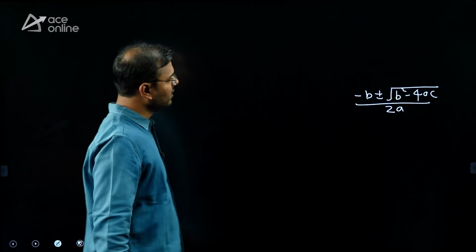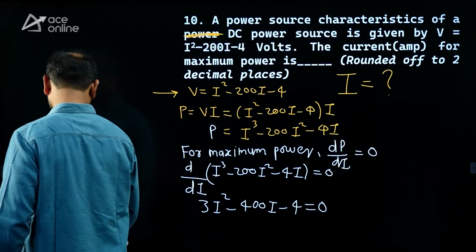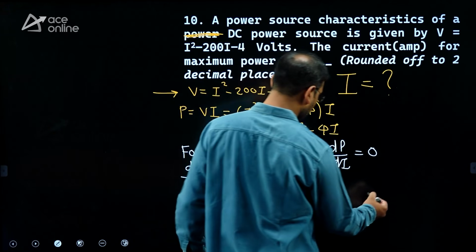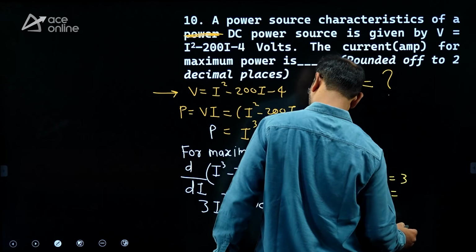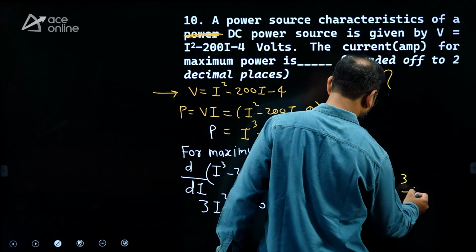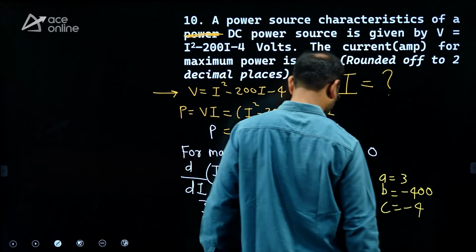Apply the same formula. What are a, b, c here? Now I am writing a is equal to 3, b is equal to minus 400, and c is equal to minus 4.